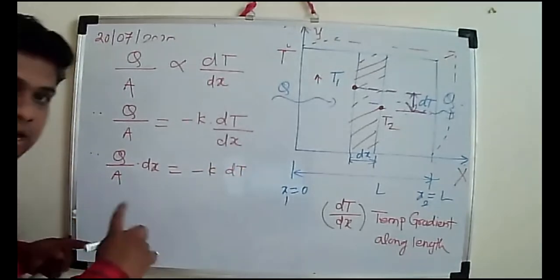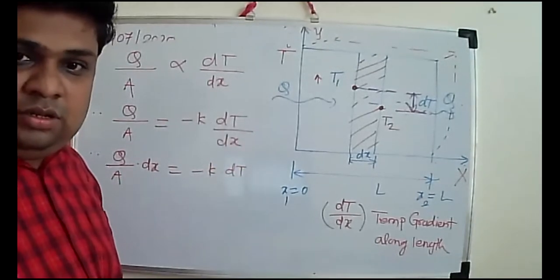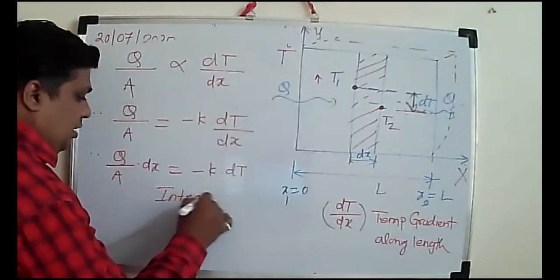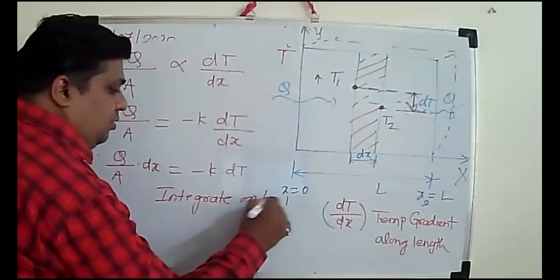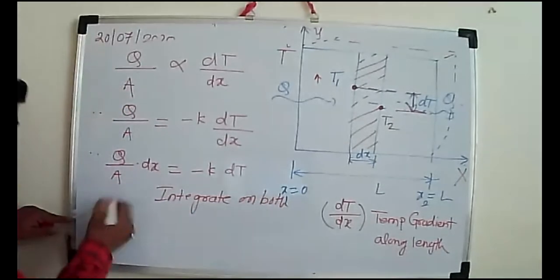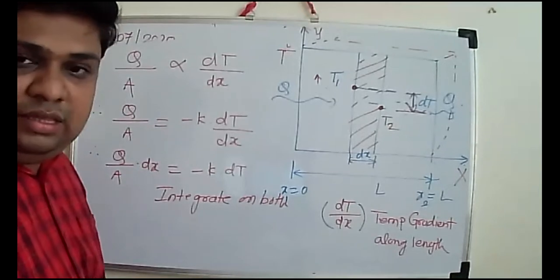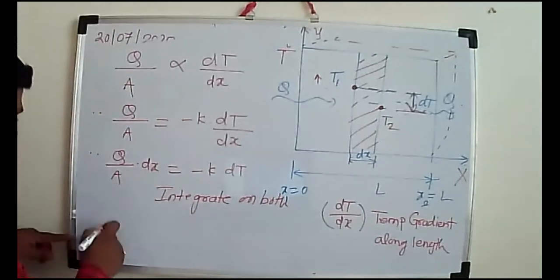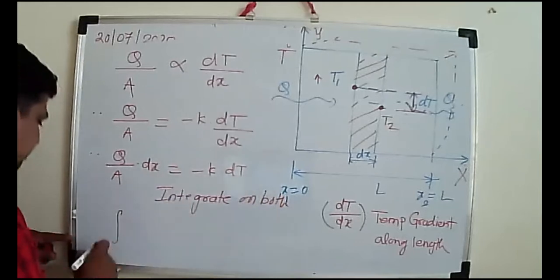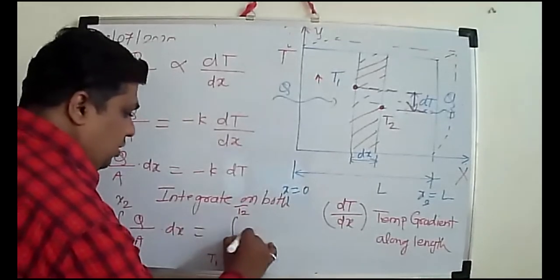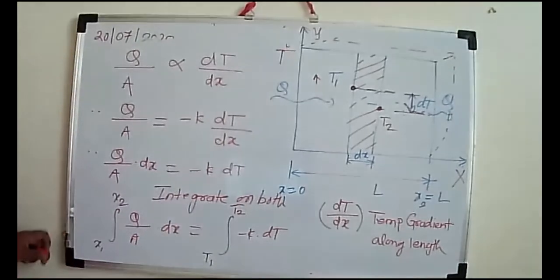Now I am going to integrate on both sides, applying the limits. The integral of dx from x1 to x2, Q by A into dx, equals the integral from T1 to T2 of minus K dt.